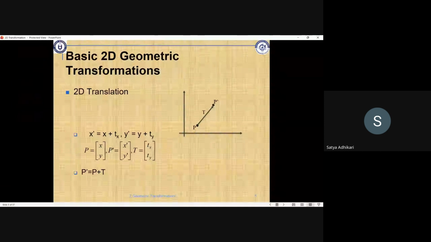That means I have added Tx and Ty to the original position to get the new position of P, that is P dash.